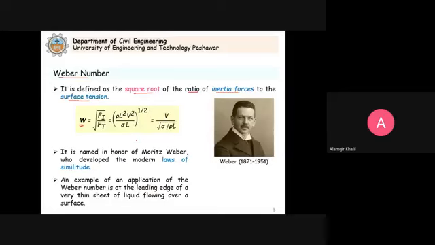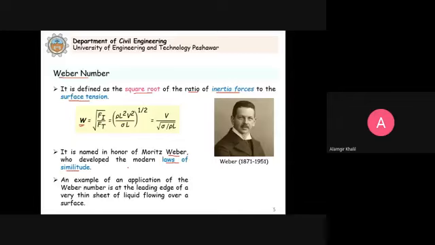Now this Weber number is named after Weber because he initially developed the modern laws of similitude. One important thing to mention here is that, for example, we defined the Reynolds number, but it may be that the Reynolds number was not defined by Reynolds himself.